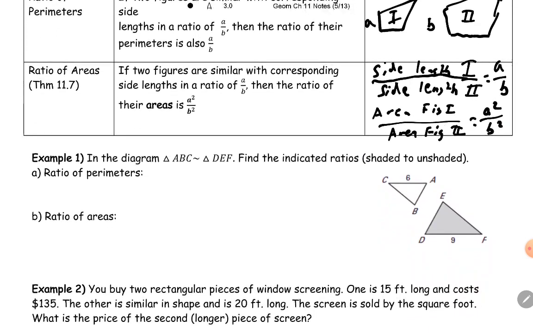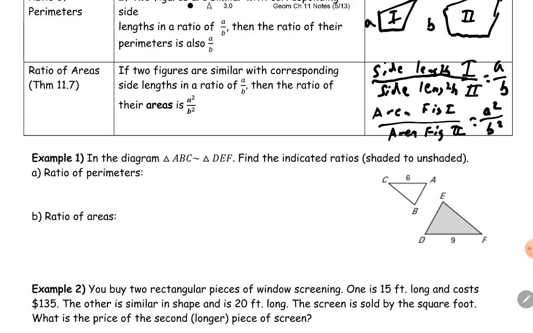So let's do some examples. Example 1. Triangle ABC is similar to triangle DEF. Find the indicated ratio, shaded to unshaded. They gave us two sides, 6, which is AC, and 9, which is DF.